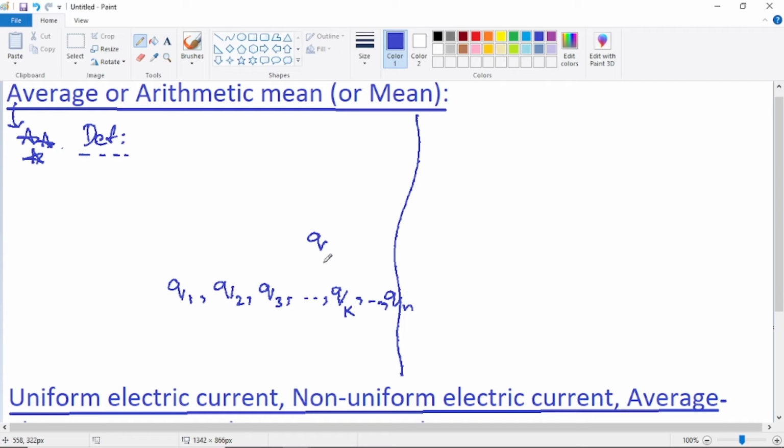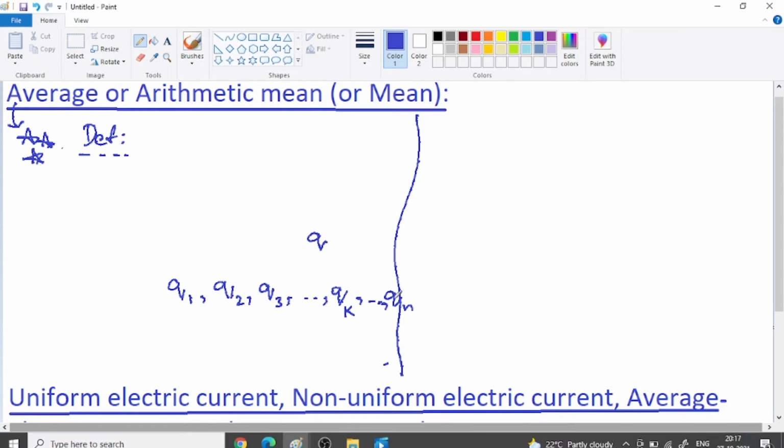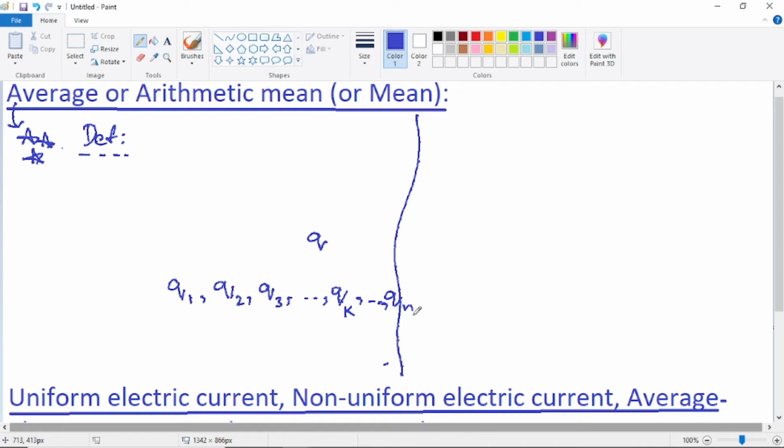So the average of a particular quantity measured a number of times is defined in such a way that it always lies between the minimum value and the maximum value, and it gives exactly a rough idea of the value of the quantity. So why has average been defined?